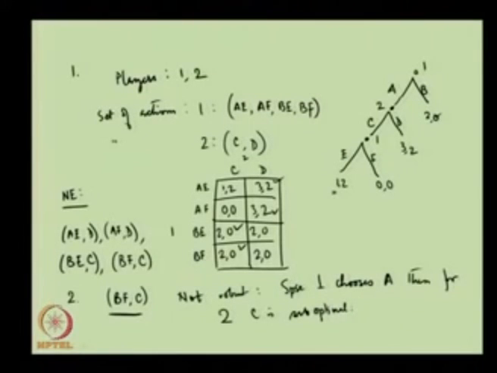It is better for him to choose D, because by choosing D he is going to get 2, while by choosing C he is going to get 0.